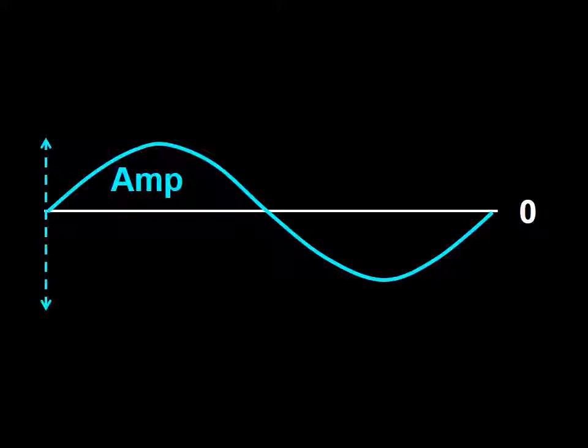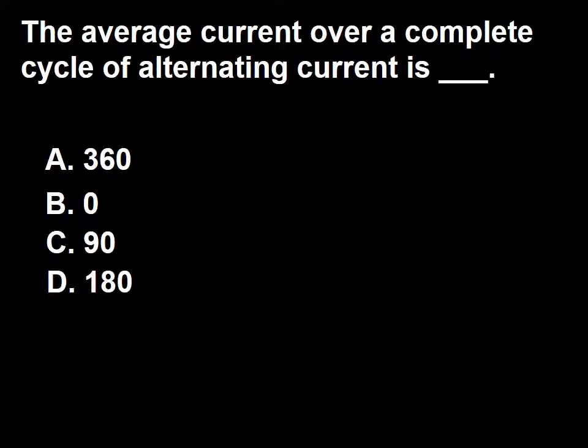We already commented on the average value of a sine wave with the characteristics produced by alternating current as being 0. This is not only true for the value of the sine wave, but also for current. So the answer to this question is B, 0.